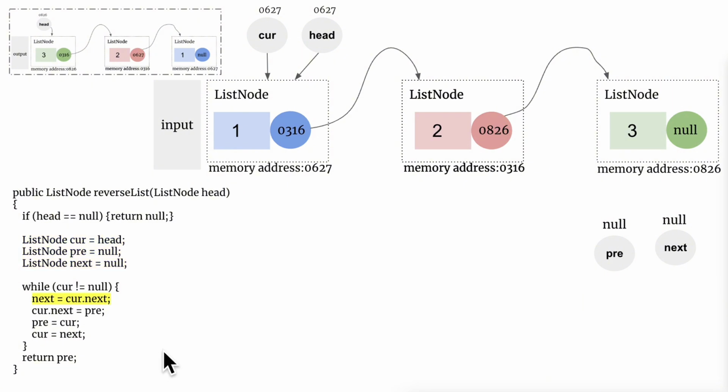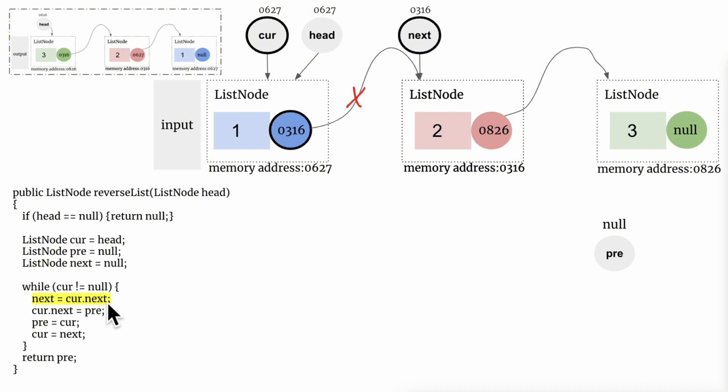To reverse a singly linked list, our goal is to first transfer node 1 from the first node into the last node. I need a pointer next to help me hold the current next reference of node 1 before I lose it. By executing this statement, the current next reference is copied to next.